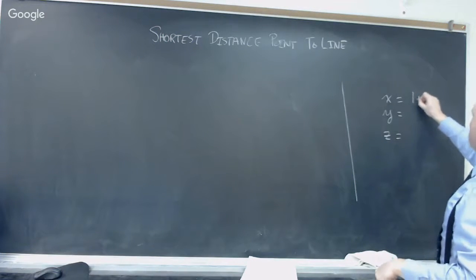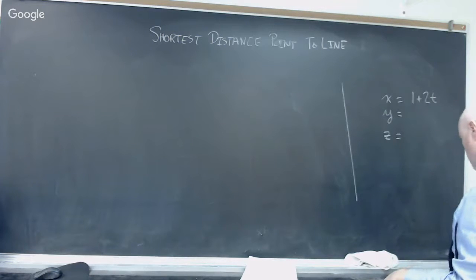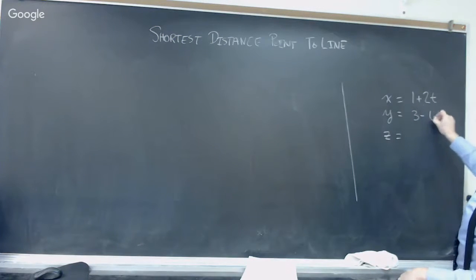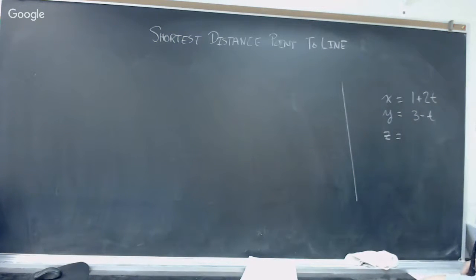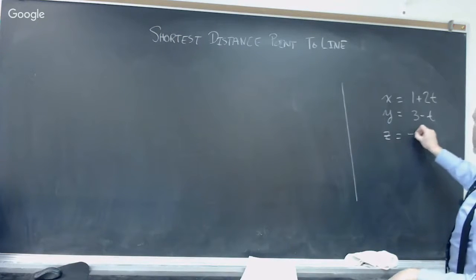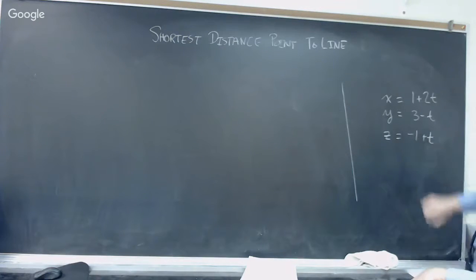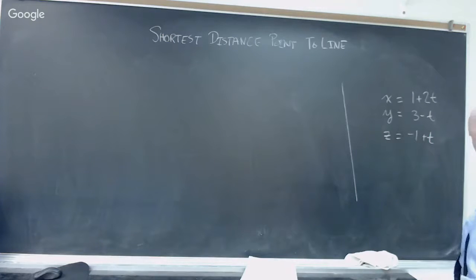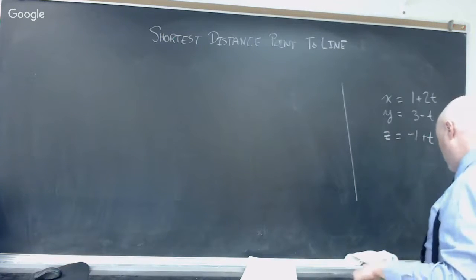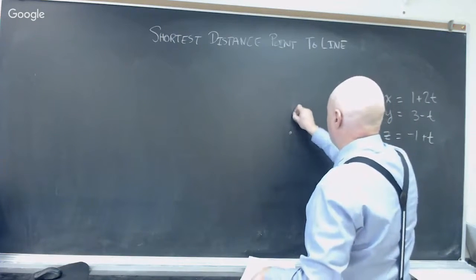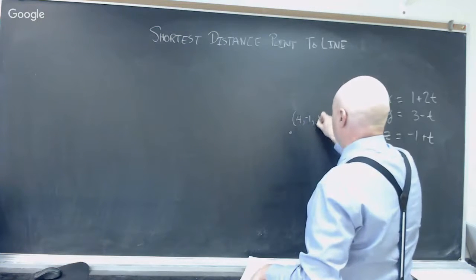And x is 1 plus 2t. So we're starting out with the parametric equation. Y is 3 minus t. And z is -1 plus t. So there's our line. And our point Q is 4, -1, and 1.